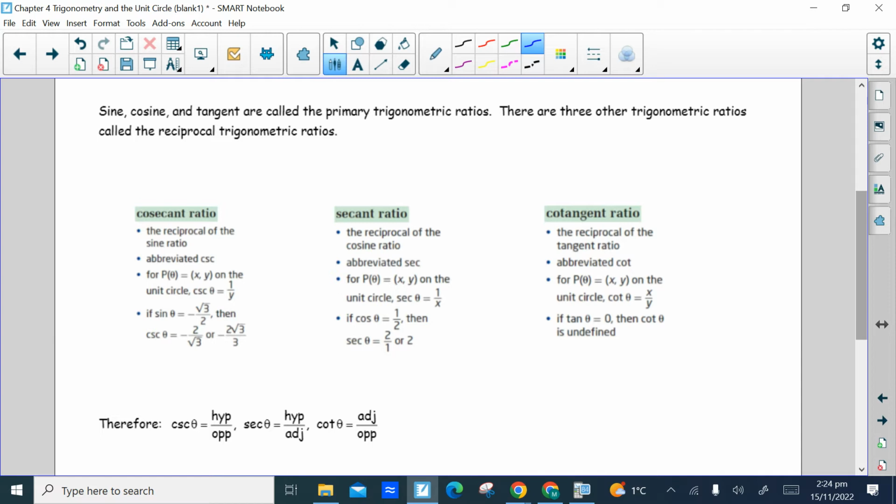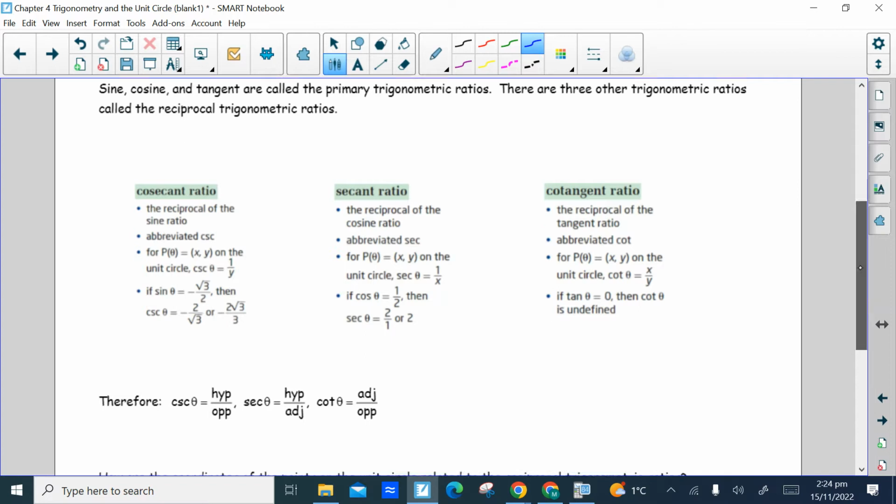The cosecant is the reciprocal of sine. The abbreviation is CSC, and if you have a point x comma y on the unit circle, because the cosecant is the reciprocal of sine, it's 1 over the y value. If the sine is negative root 3 over 2, then the cosecant would be the reciprocal, negative 2 over root 3, which could be rationalized.